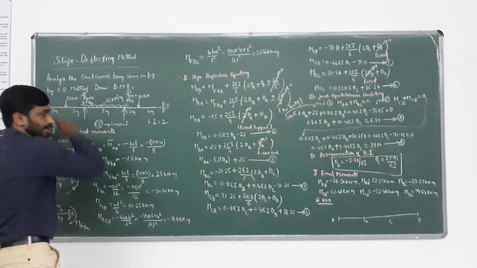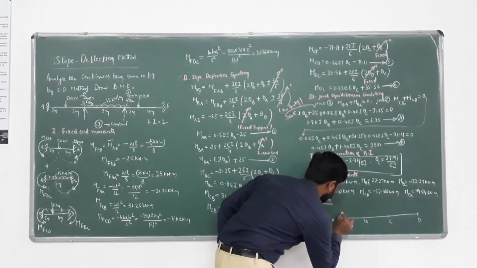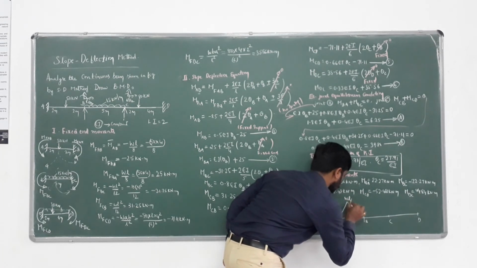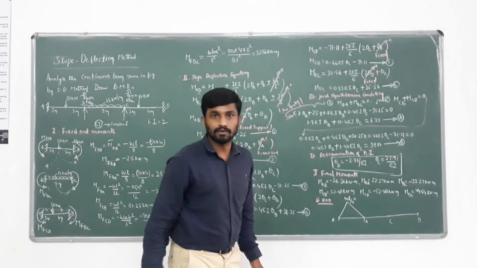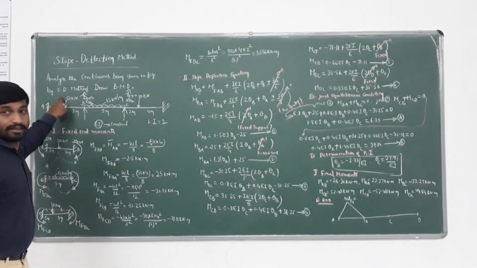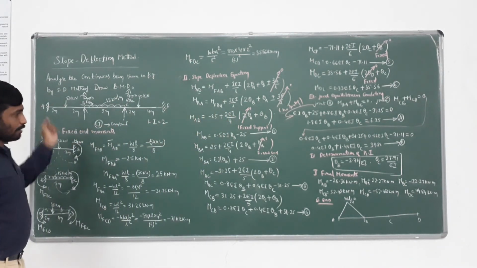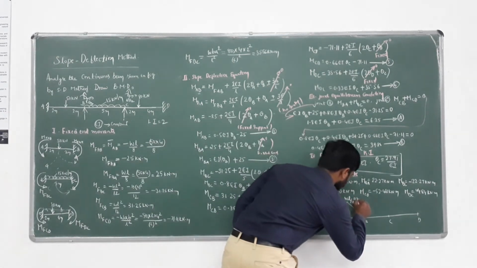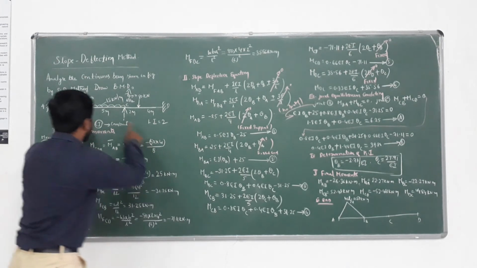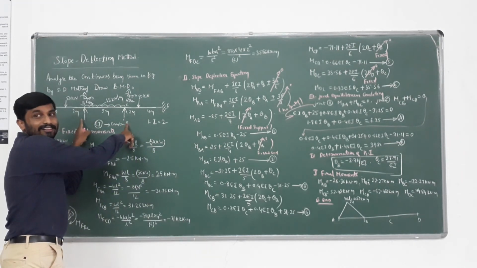For the point load, we are having a triangle. The value is WL by 4. W is 50, L is 4, by 4. It will become 50.